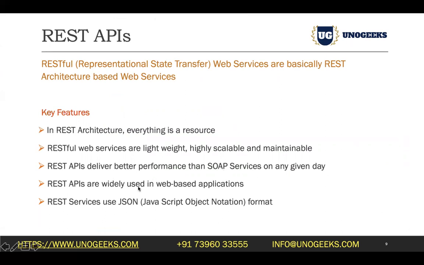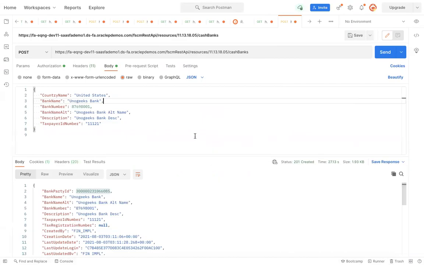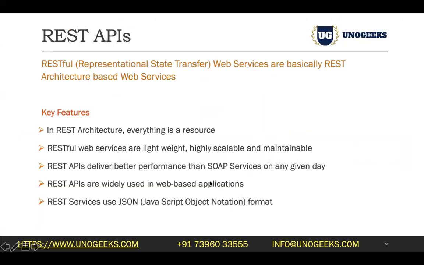REST APIs are widely used in web application builds. What do we mean by web applications? You can think of them as websites, where performance is quite critical. If you go into a website and it takes 5 or 10 seconds to load, you will probably not wait for the page to load, and you would have moved on to the next website you got on the Google search.